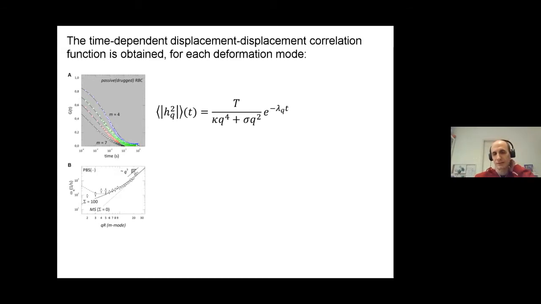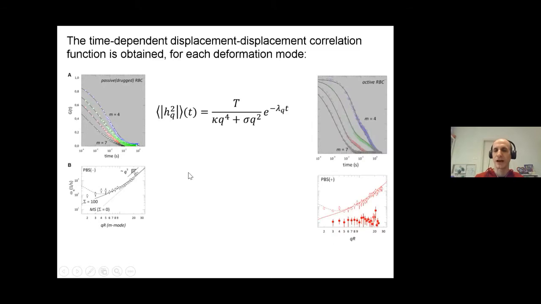And you can see that under thermal fluctuations, we predict a single mode, which depends on the natural frequency of the membrane for that particular mode. And actually that fits very well the experimental data.